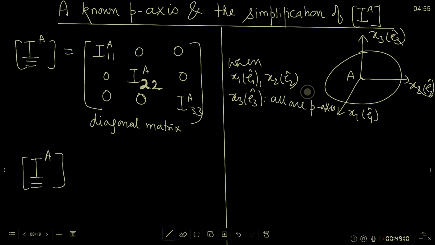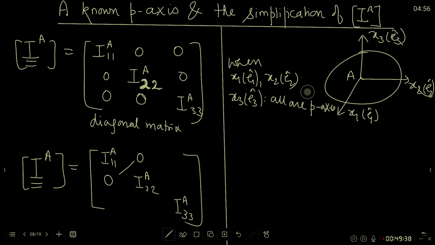So in that case, for the aircraft problem, what will be the simplified form? In general, you will have the three diagonal components, but IA12 will be 0, and since IA12 is 0, IA21 will also become 0.